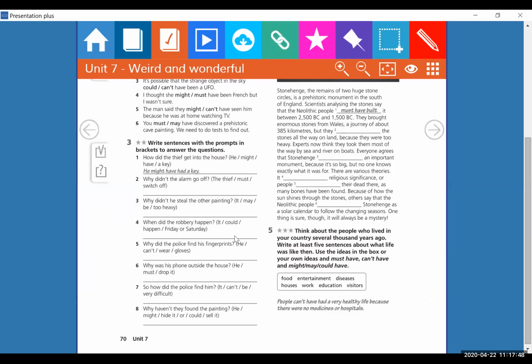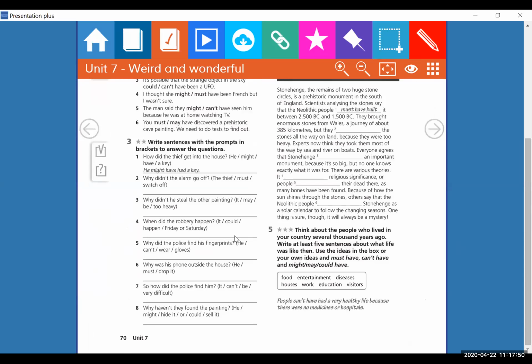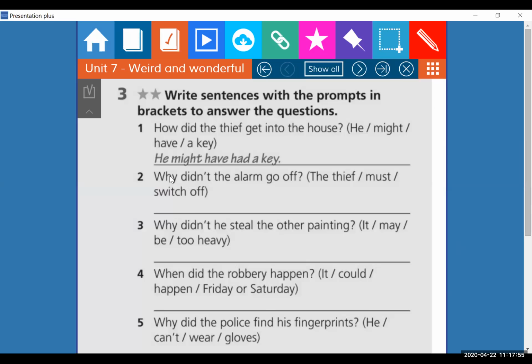Now I'll skip to another exercise, which is really easy to do. Write sentences with the given prompts in brackets to answer the questions. How did the thief get into the house? He might have had a key.